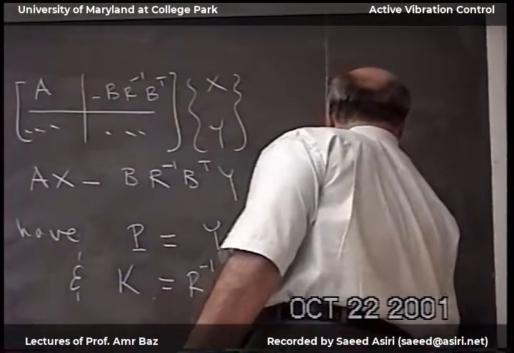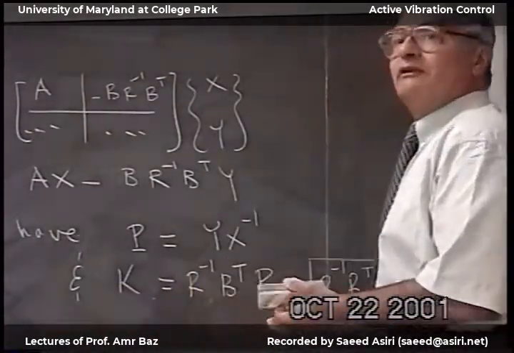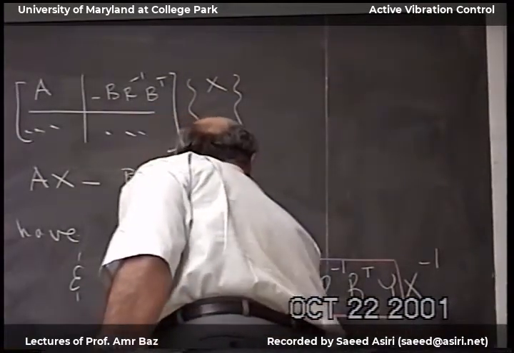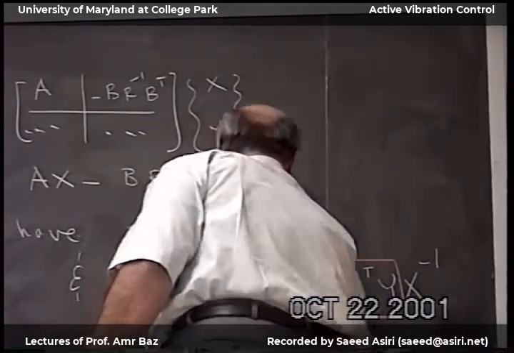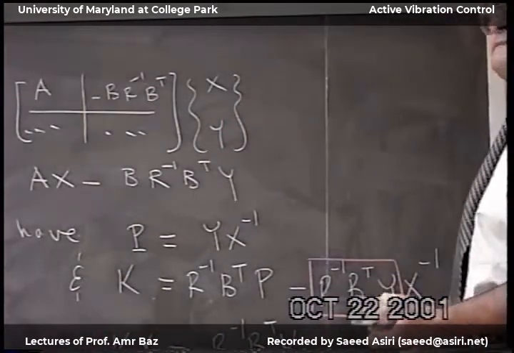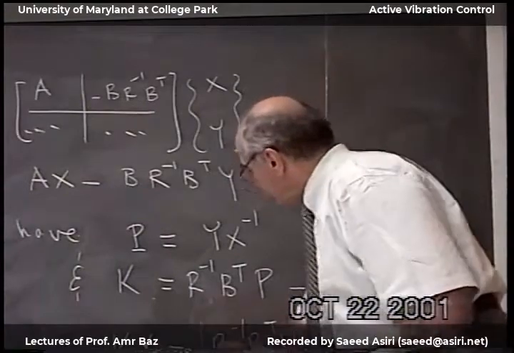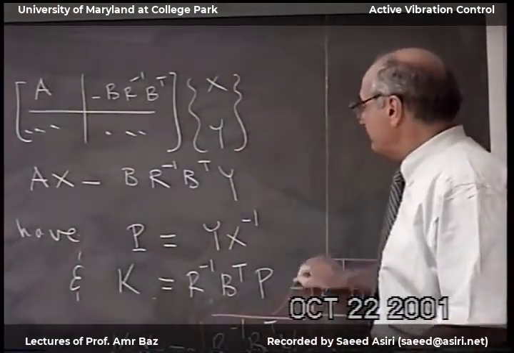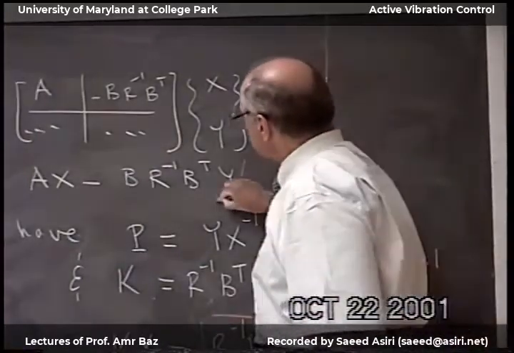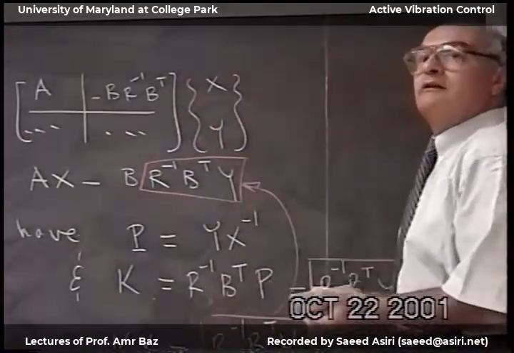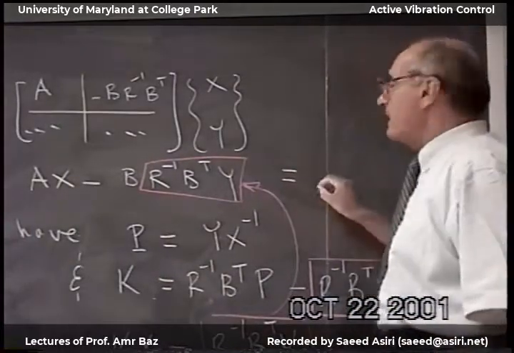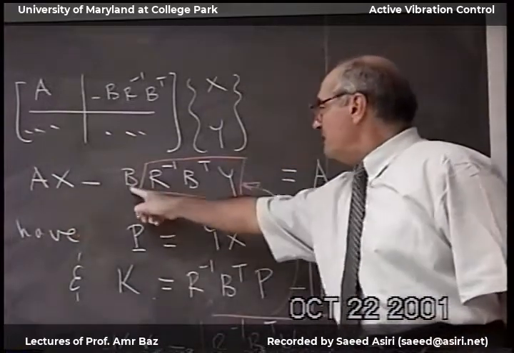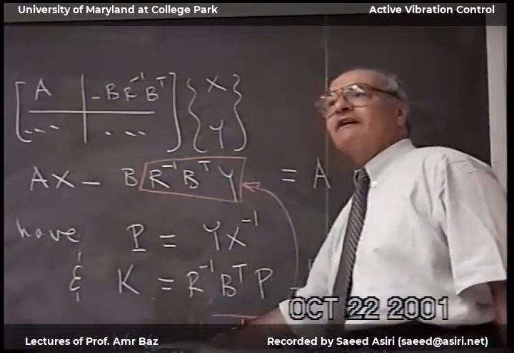If I want only this, then and y. So now I can take this and replace it by kx. And I can take this here, right here. So this now will be equal to A, and then I have x here. And then I have B, K, and x. So I'll factor out the x out.